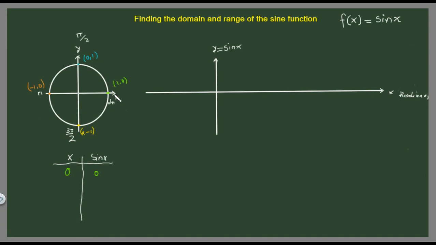If you go the other way, you have minus pi over 2 here, then minus pi, minus 3 pi over 2, and then minus 2 pi.